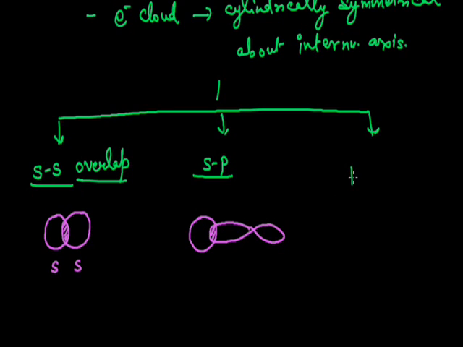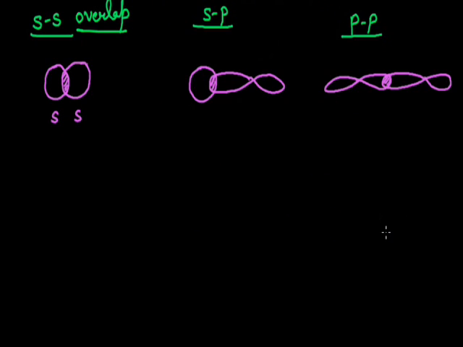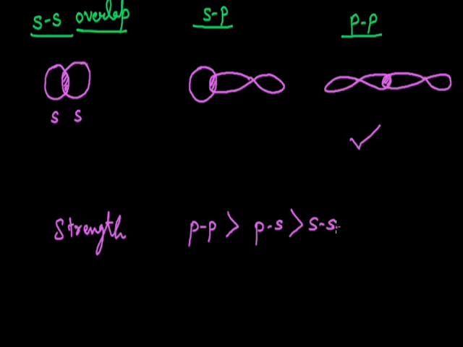Next is pp overlapping. The extent of overlapping is greater in the case of pp overlapping, and that's why the strength of these bonds are in the order pp is greater than sp is greater than ss bond.